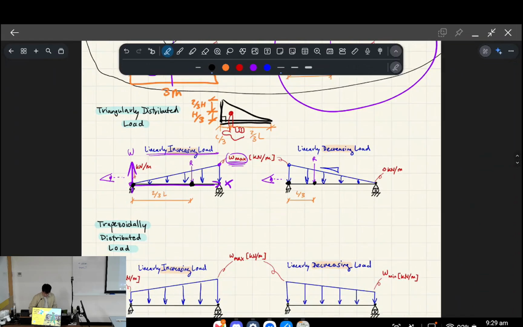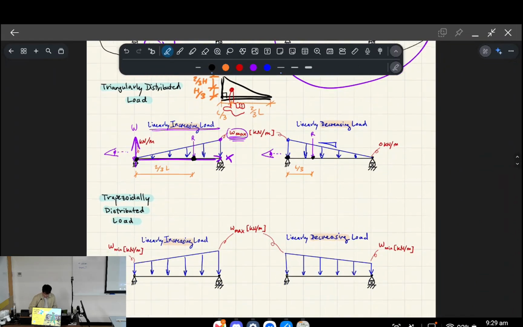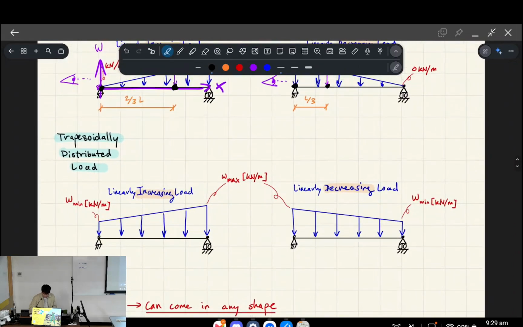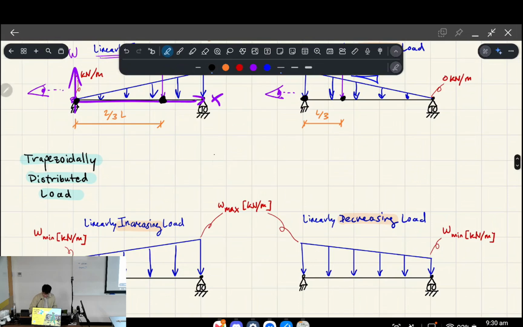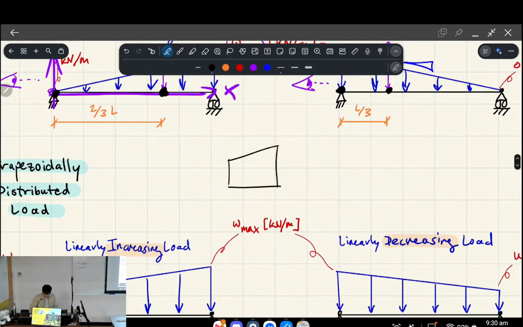Okay. So next is trapezoidally distributed loads. And for a trapezoid, just a quick recap.